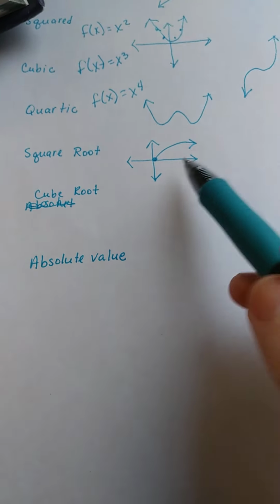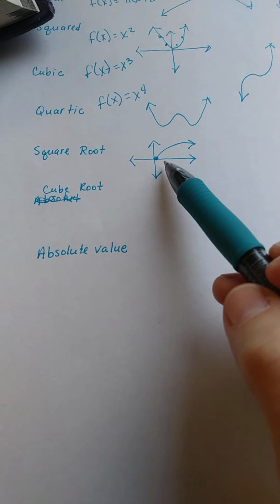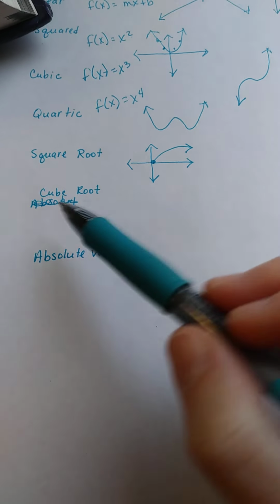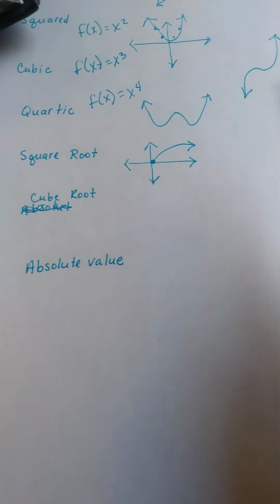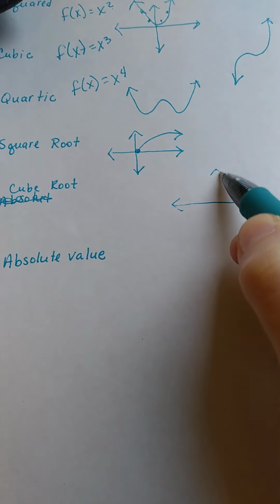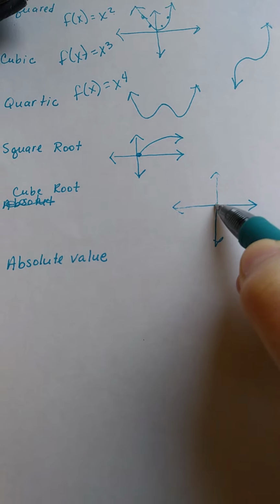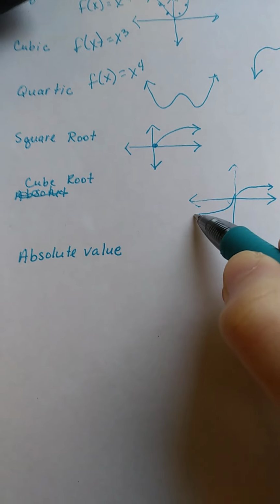Cube root, we can take the cube root. The cube root of -8 is -2. We can take a cube root of negative numbers. So it's going to go on both sides. So it's going to look a little like this one, but it's going to continue on the negatives. And since we get negative answers when we plug in negative numbers, it's going to go down here.